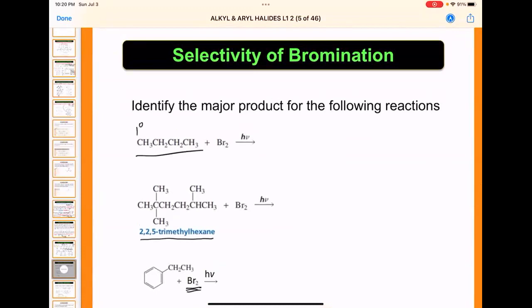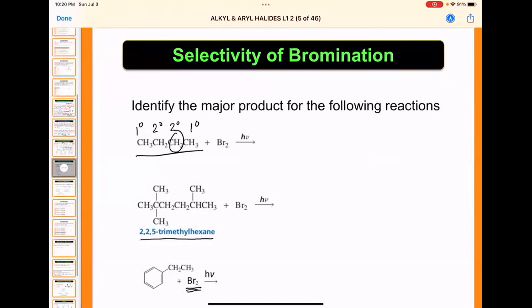This is primary carbon, this is secondary carbon, this is secondary, this is primary. So Br can cleave most easily the secondary carbon. Clear? So what is the major product?